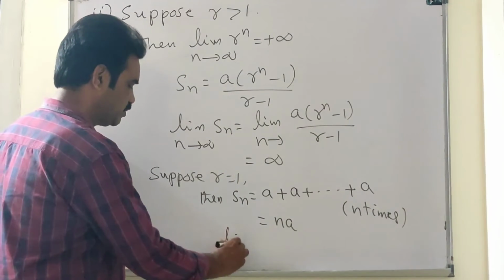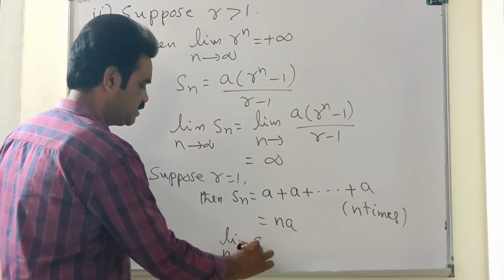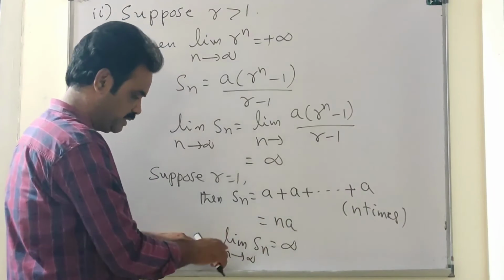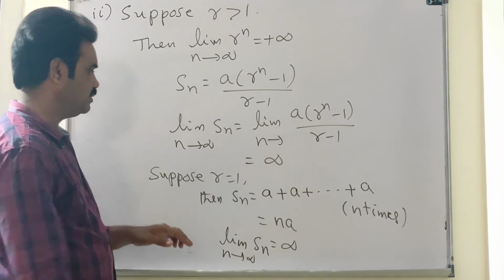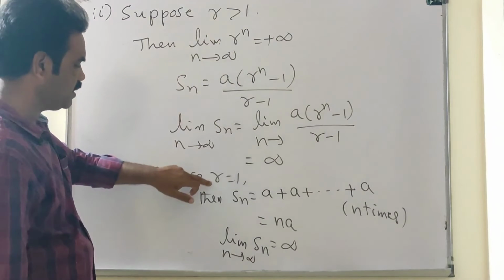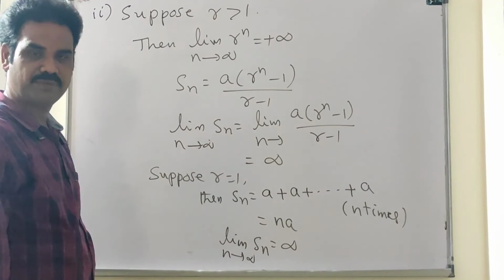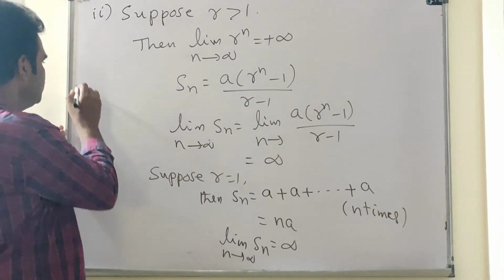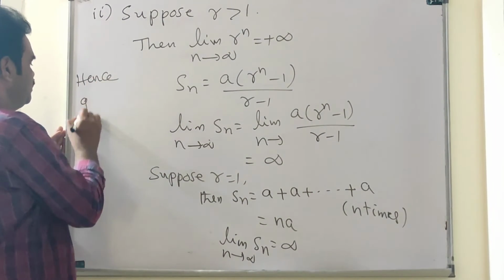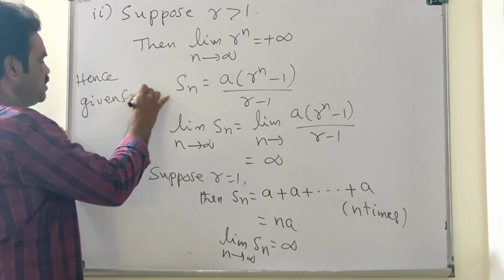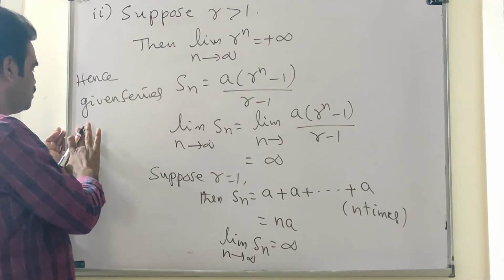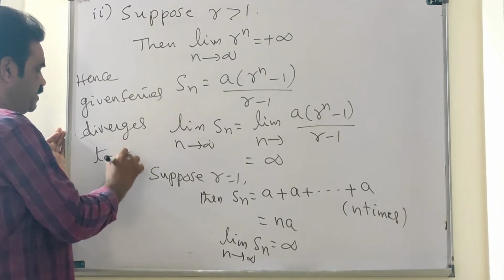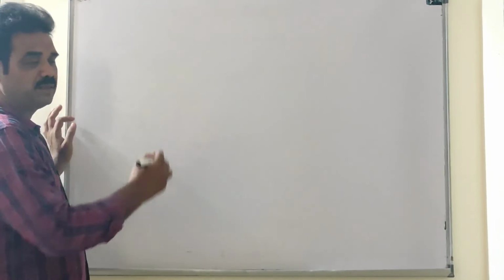Therefore, limit n tends to infinity Sn is equal to infinity, since here a greater than 0. If r greater than 1 and if r equal to 1, limit Sn is plus infinity only. That means the sequence Sn diverges to plus infinity. Hence, the given series, that means the geometric series, diverges to plus infinity.